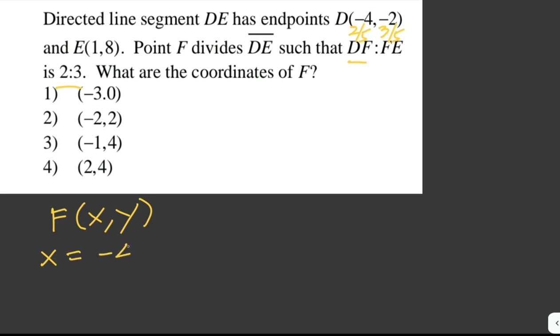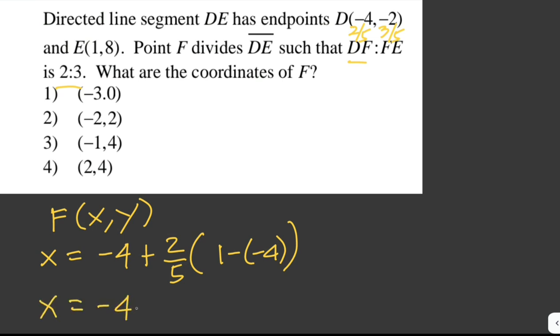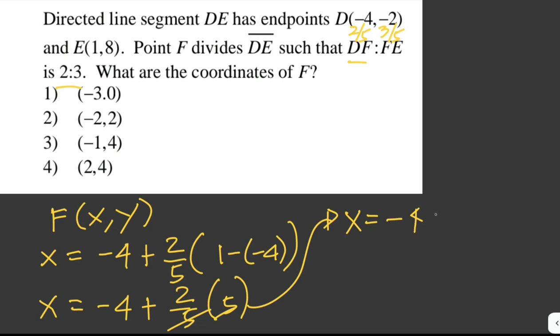That would be -4 plus 2/5 times the difference, 1 minus -4. So x is equal to -4 plus 2/5 times 5. So this cancels out. So x is equal to -4 plus 2. So this is -2.